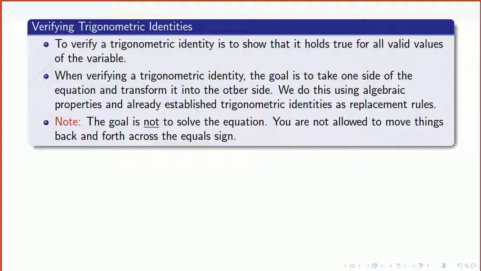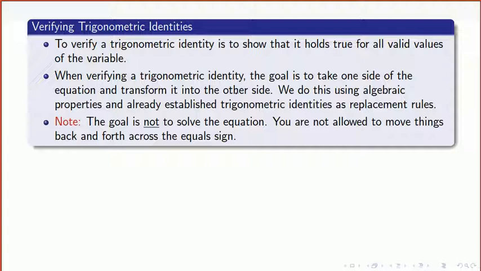I make the note here, in dark red, that the goal in this case is not to solve the equation. Historically, whenever we've seen an equation in math, we've been told to solve it, to get x alone on one side.